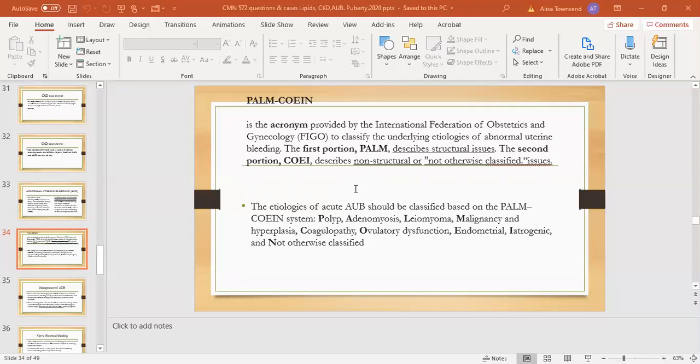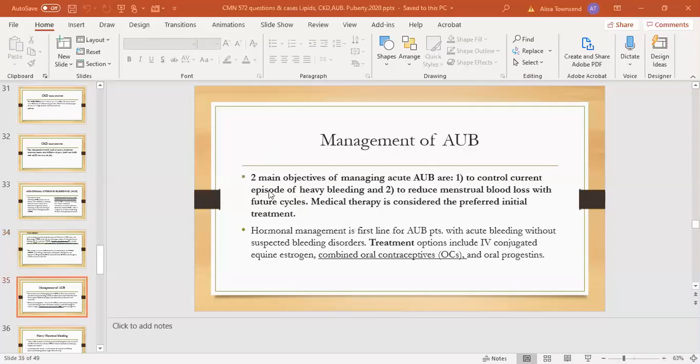So the first thing we want to do, the main objective for abnormal uterine bleeding with acute, you want to control the current episode of heavy bleeding. Obviously, if they're hemorrhaging, we all kind of know you got to stop the bleeding. Then we want to think reduced menstrual flow with future cycles, so that they're not miserable because they're having these horrible periods. That's pretty much the consistent thinking.